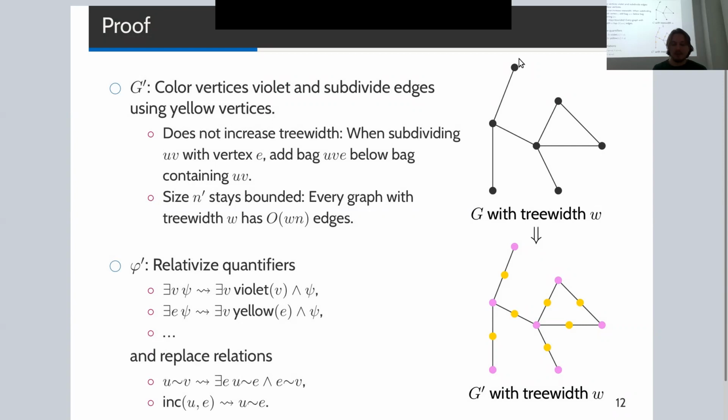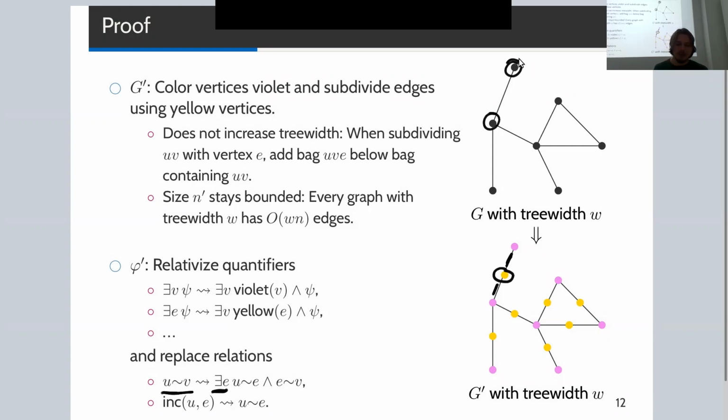And the second important thing is that we also need to replace our atoms. When in the original graph we would ask whether two vertices are adjacent, like this guy and this guy, in the new graph we have to ask, is there a vertex E which is adjacent to both of them? Is there an edge vertex? So here we would quantify over this yellow vertex and ask whether it is adjacent to both of the endpoints. And this is true if and only if the vertices were adjacent in the original graph.